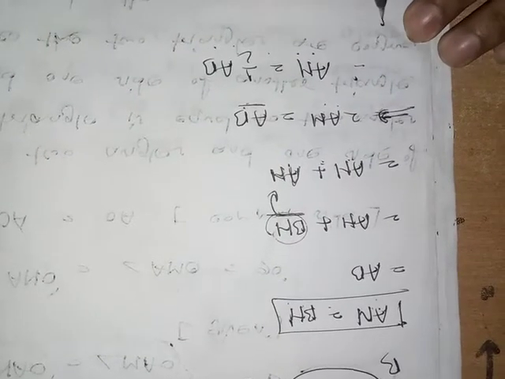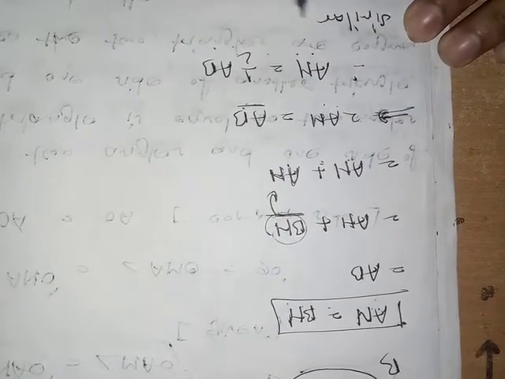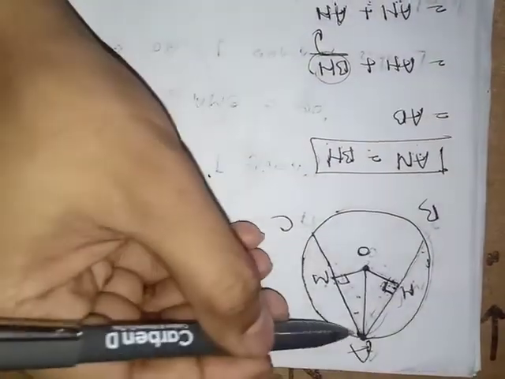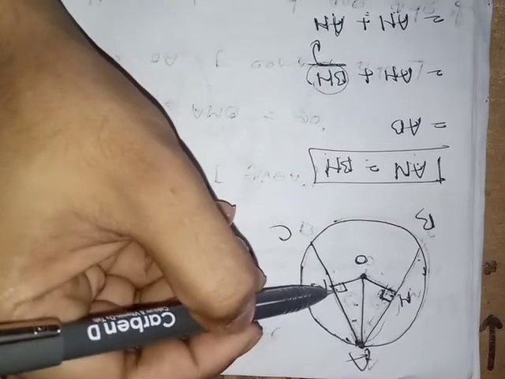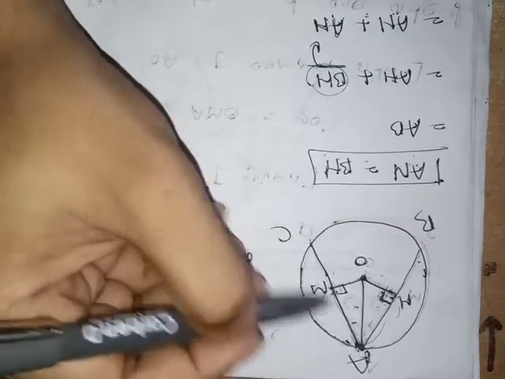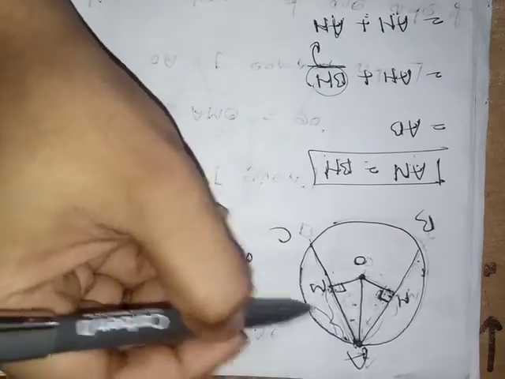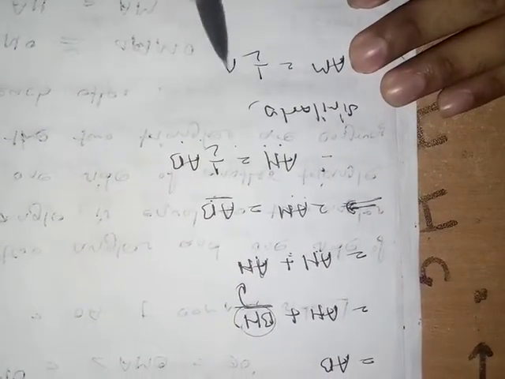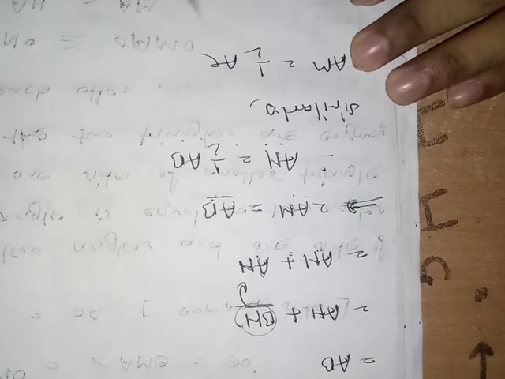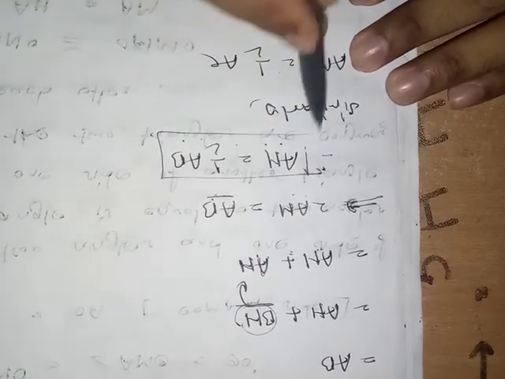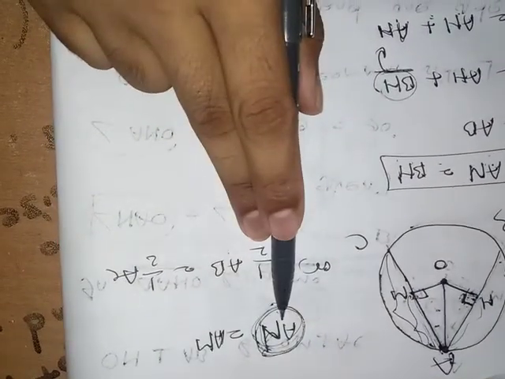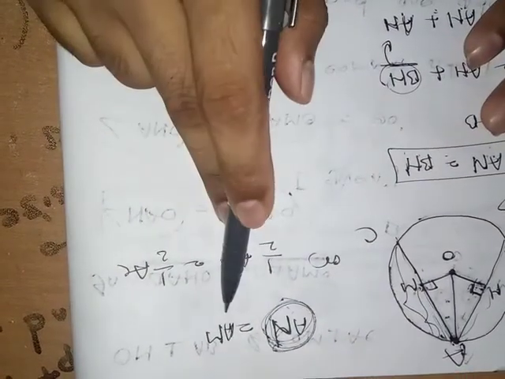Similarly, we can say AM is equal to half AC. I have written these two pieces of information here: half AB instead of AN and half AC instead of AM.